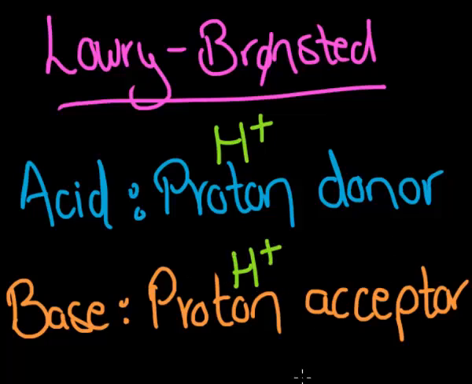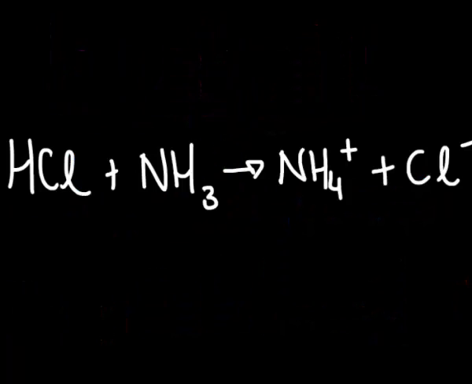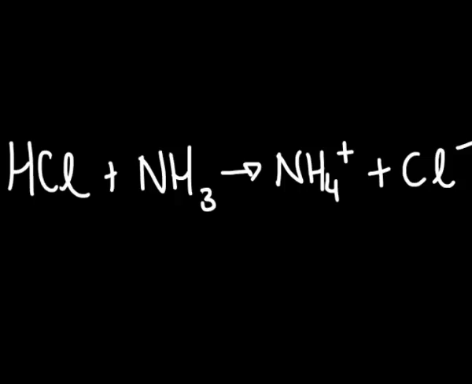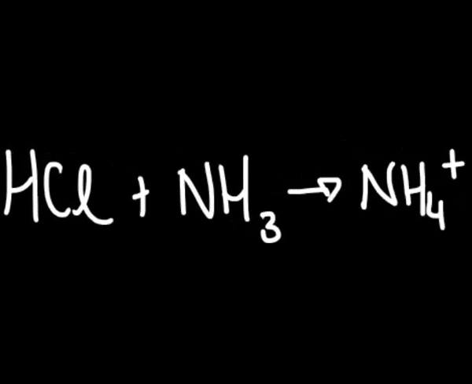Now let's apply this to a specific reaction. Here we're going to have a reaction of hydrochloric acid combining with ammonia to form ammonium ions and chloride ions. Now remember, we need to look at which of these molecules donated a proton, and this proton is the hydrogen ion, and which one accepted this hydrogen ion.